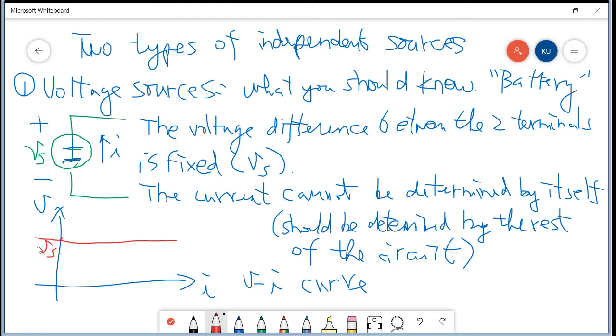So this figure tells you that Vs is fixed. The V value of this point is always Vs, but the I can be larger or smaller.